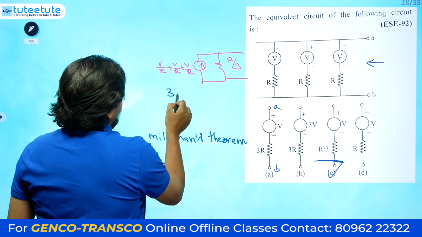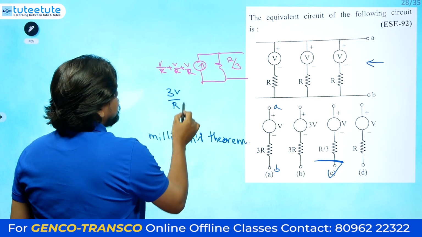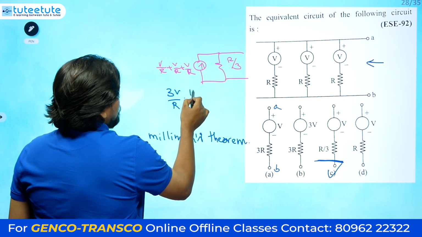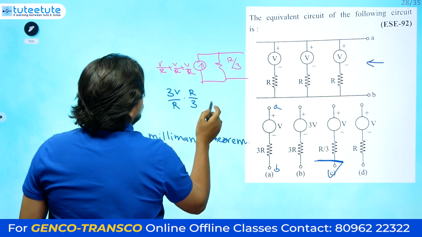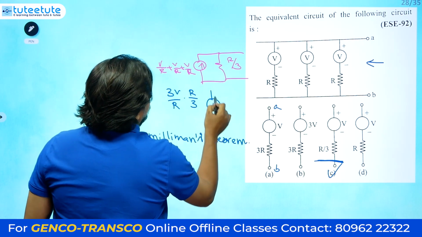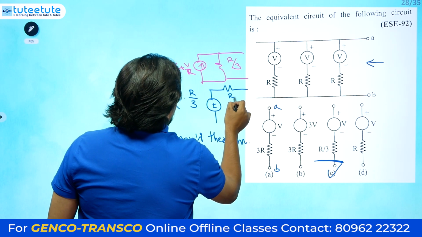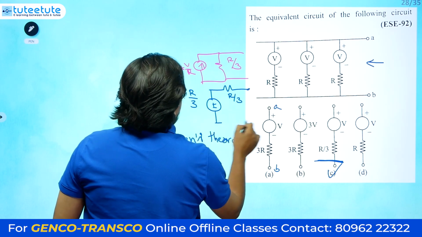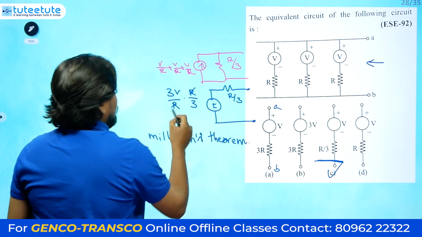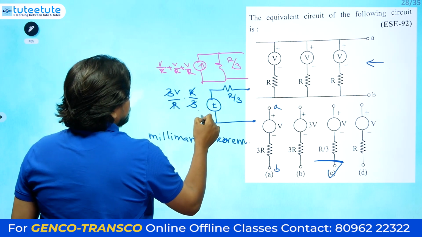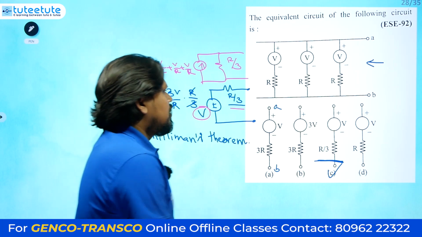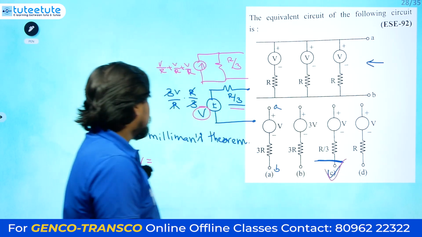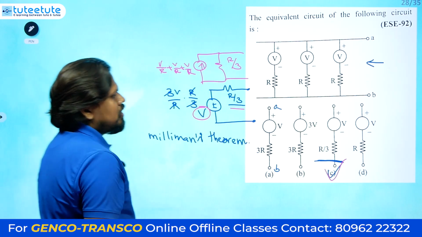So 3V divided by R into R by 3 is the voltage source value, in series with R by 3. R will get cancelled and 3 will get cancelled. It is the value V in series with R by 3. Like this you can do it. So the answer for this question is option C.